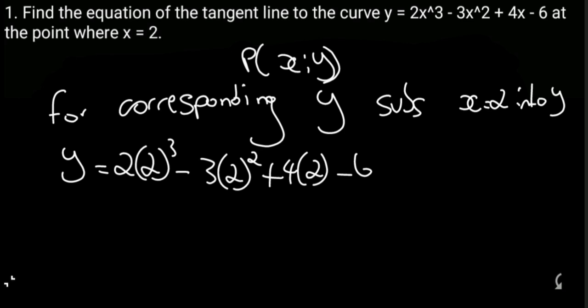Let me punch this into the calculator: 2 into 2 cubed, minus 3 into 2 squared, plus 4 into 2, minus 6. And then we get the corresponding y value. It's going to be 6. Therefore, our point is going to be 2 paired with 6. Our x value is 2, and our corresponding y value is 6. Now we do have a point.